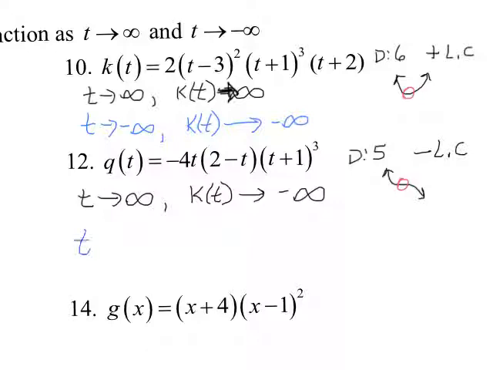And as we go to the left, as t goes to negative infinity, I guess we should say q of t, q of t is going to go to positive infinity. So as we're going left, our function is increasing in that direction. There we go, end behavior, revisiting that one.